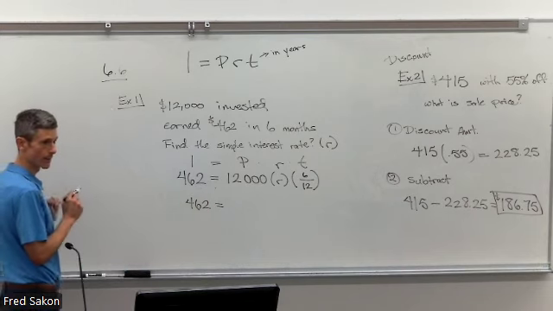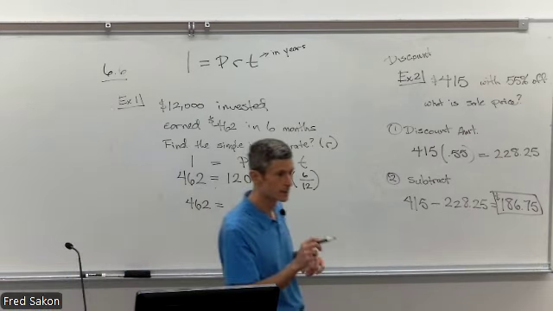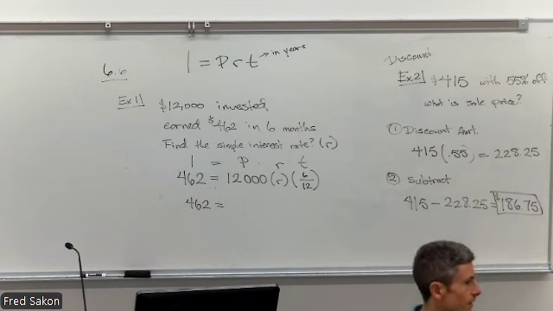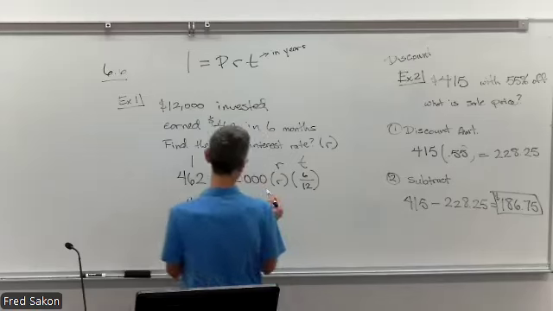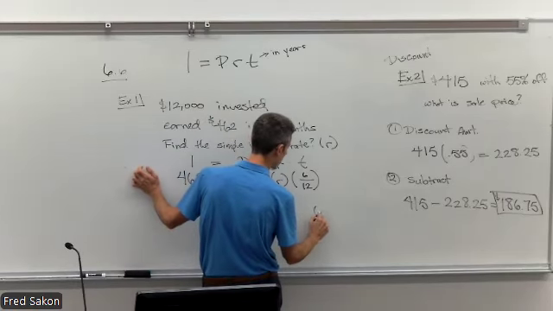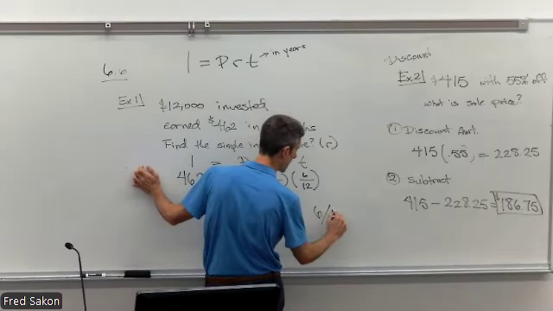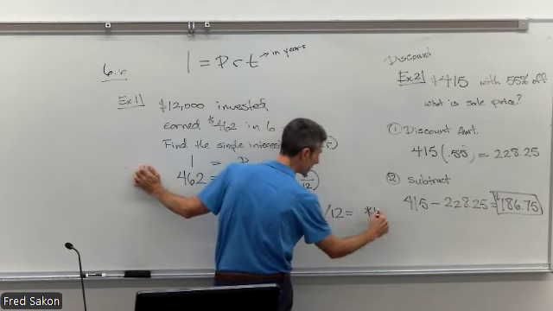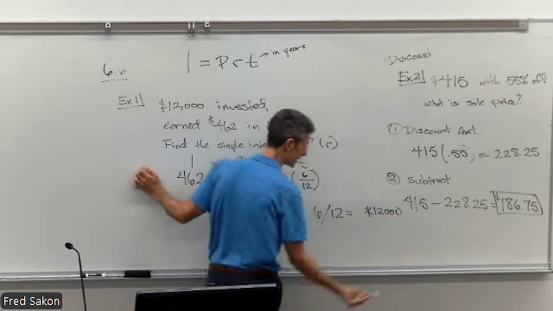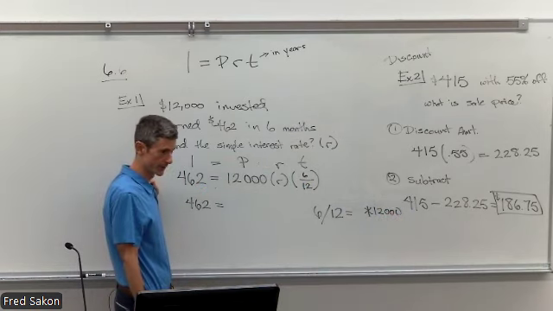Go ahead, London. Okay, that's a perfectly good way of doing it. What London just showed is that the calculator sequence was 6 divided by 12 equals, and then times 12,000. You can type that into your calculator. Try that, Jackie.